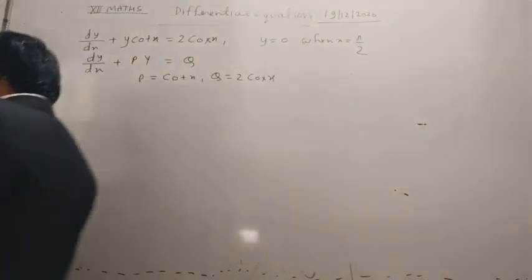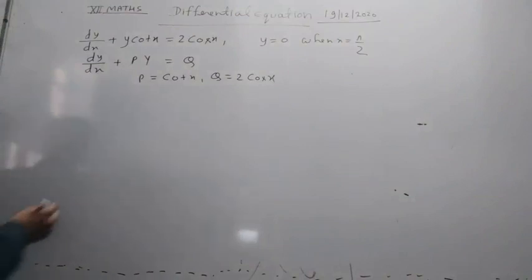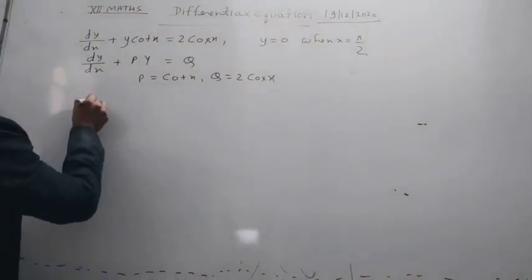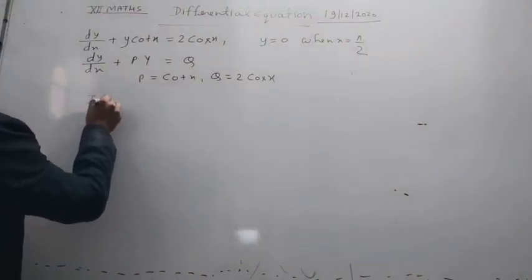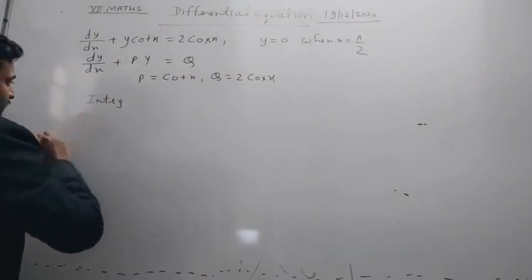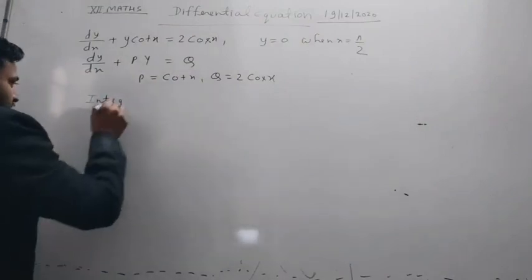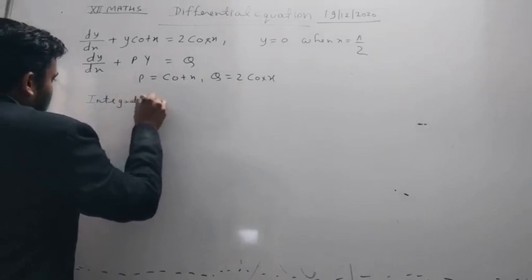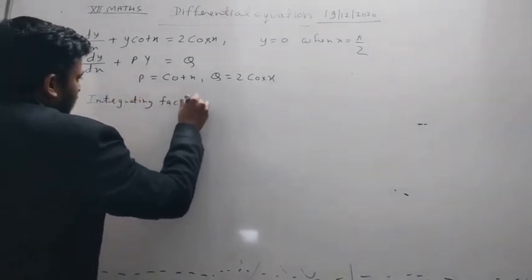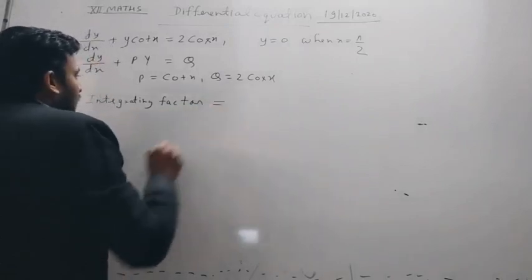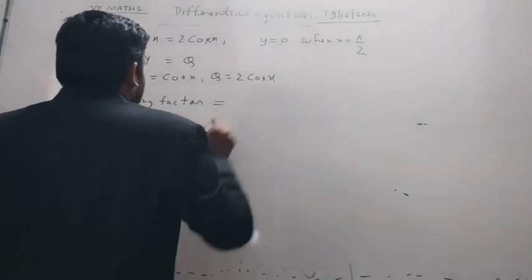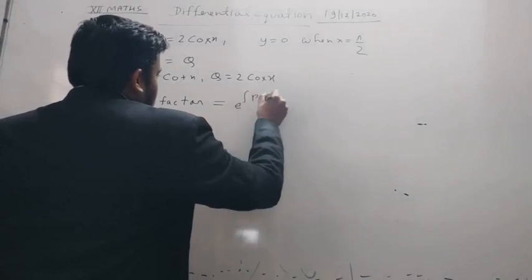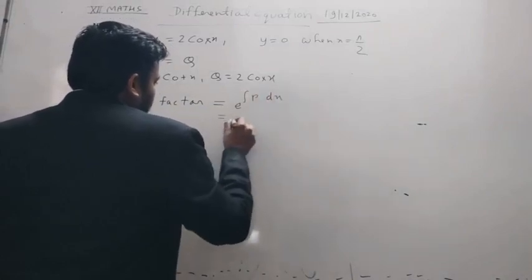Now, students, we find out its integrating factor. The method of solving a linear differential equation is to find the integrating factor. This is e to the power integral of p dx, the formula to find it.